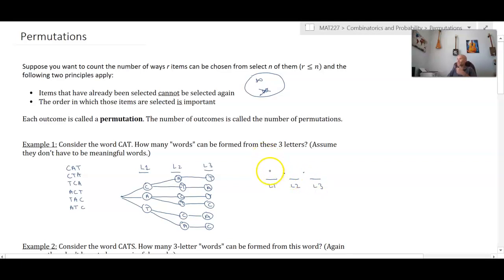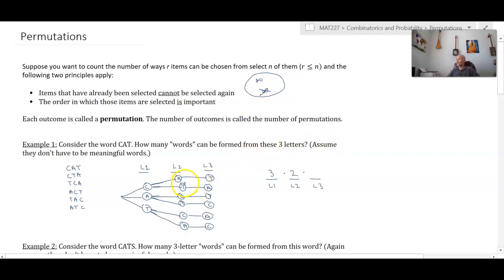There are 3 possibilities for the first letter. And each of those 3 possibilities, notice, has 2 branches coming off of it to form a pairing with the second letter. So there are only 2 possibilities. Each of those 3 letters can be paired with only 2 other letters. So you notice there are already 1, 2, 3, 4, 5, 6 possibilities at that third letter.